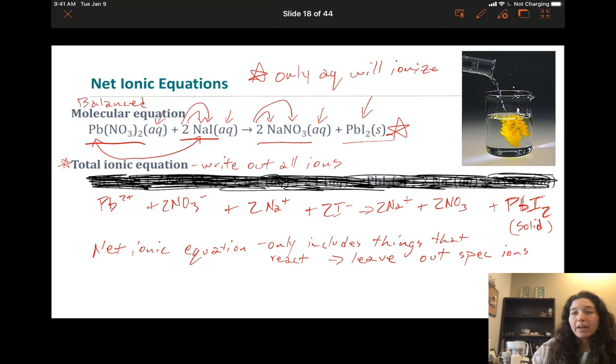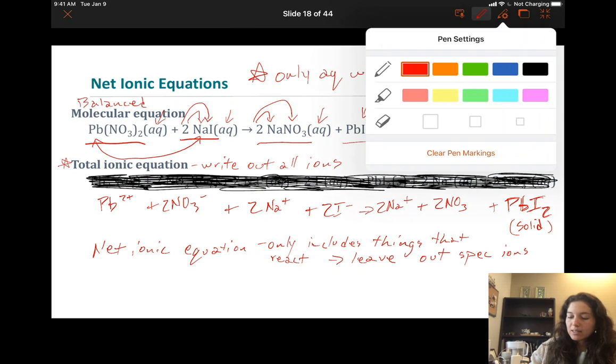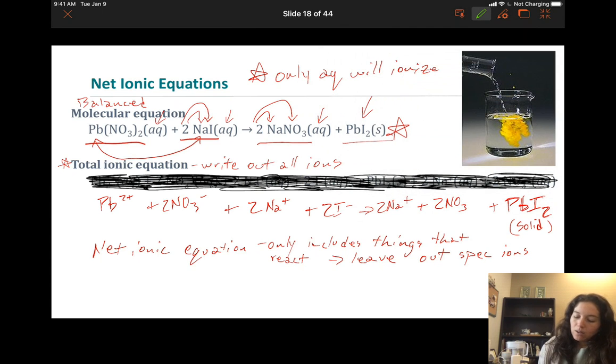So let's go ahead and mark out our spectator ions so we can see this. So we've got nitrate on this side, sodium on this side, sodium on this side. So what's left is our Pb2+ plus 2 I minus goes to PbI2. And that would be your net ionic equation.